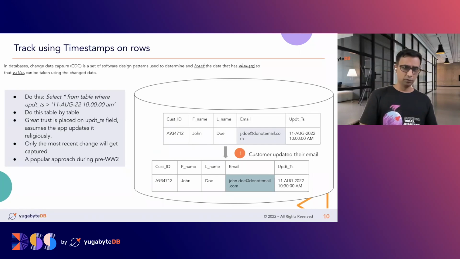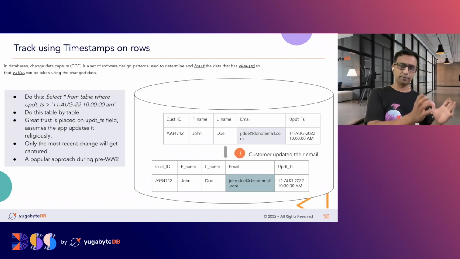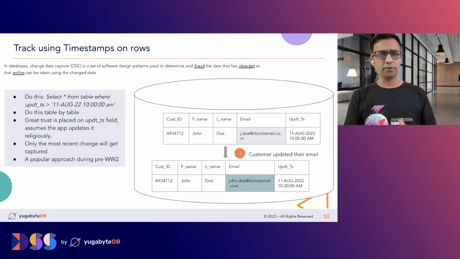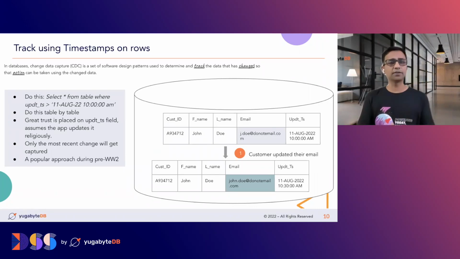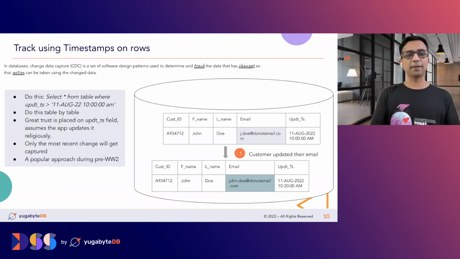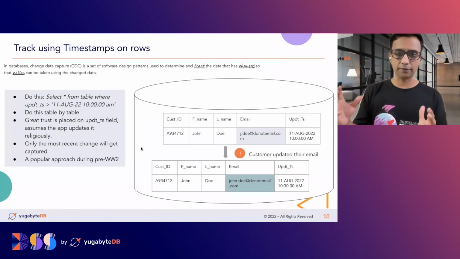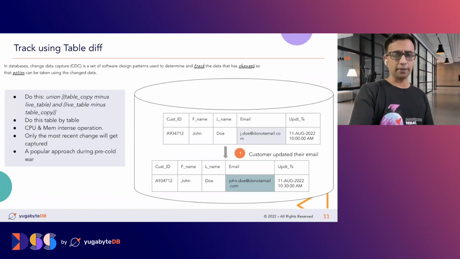So you could simply do select star from this table where update timestamp is greater than the previous value, get the changes, and then do whatever you have to do based on that. Here great trust is placed on the update timestamp field, assuming the app updates it religiously. It's a very old technique, used before some of the more sophisticated solutions fell in place.